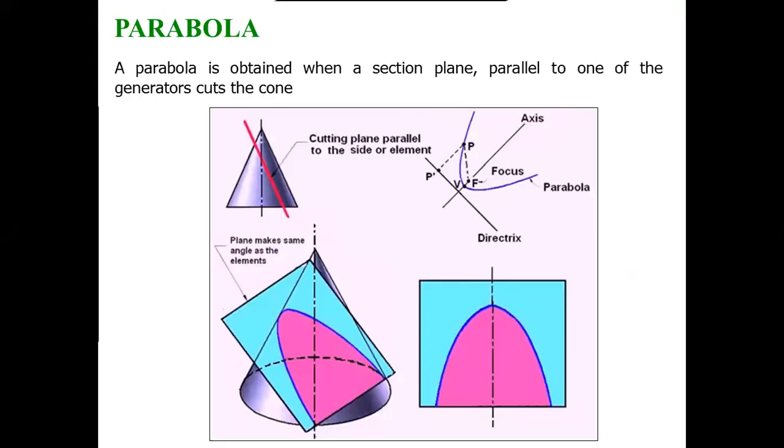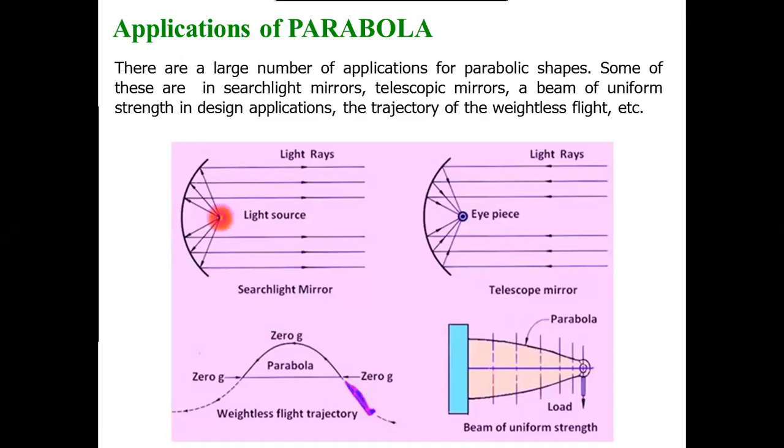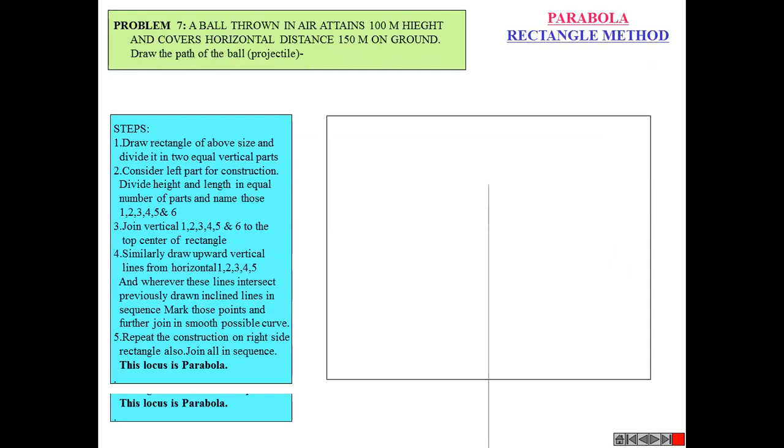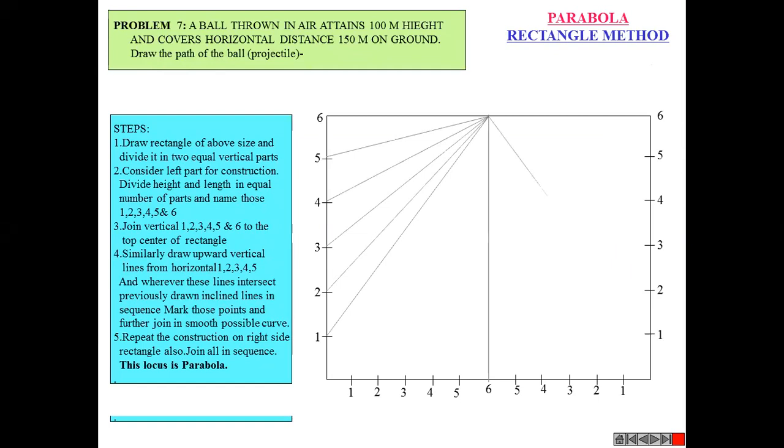We discussed the applications of parabola, where it is used. Then we saw the rectangle method to draw a parabola. I won't be discussing each and every step because we have discussed everything at length, so you just see it as an animation, or time lapse.